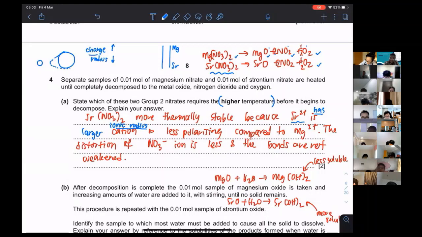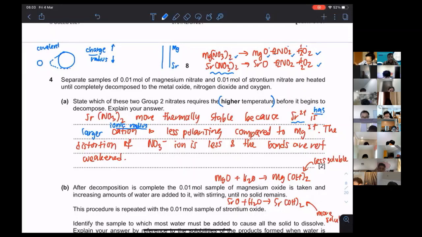When this happens, it gives some covalent property, bringing some sharing of electrons. So polarizing means the cation pulls the electron cloud of the anion to itself.